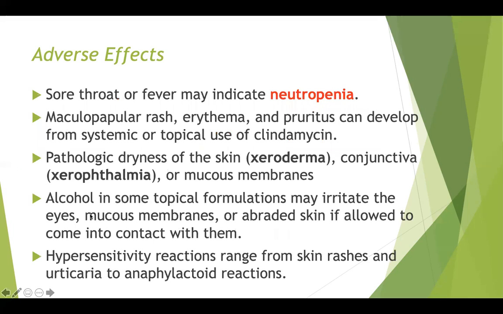Sore throat or fever may indicate neutropenia. So it will greatly affect our blood. Maculopapular rash, erythema, and pruritus can develop from systemic or topical use of clindamycin. These are minor effects of topical clindamycin.